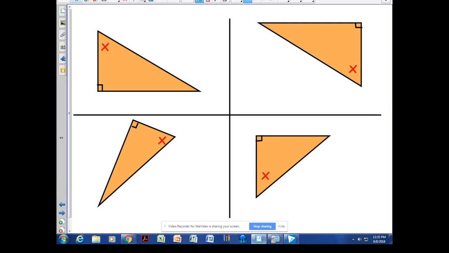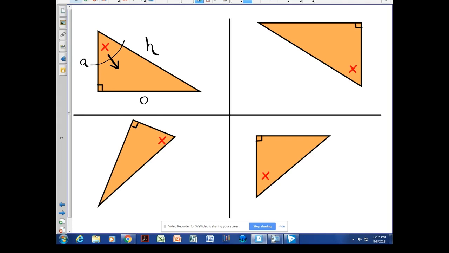Okay, let's take a look at the first triangle in the upper left-hand corner of your screen. The angle that we're using is marked with an X, so I'm going to use my bow and arrow, shoot it across the triangle, and mark my opposite side. The hypotenuse will always be the diagonal across from the right angle, and the last leg is my adjacent.